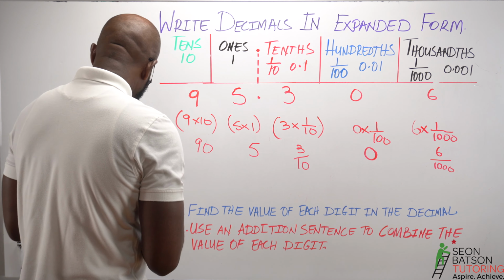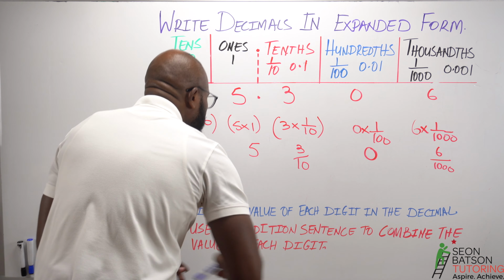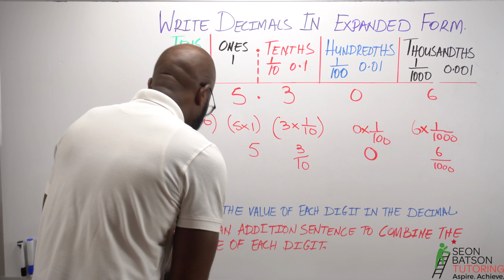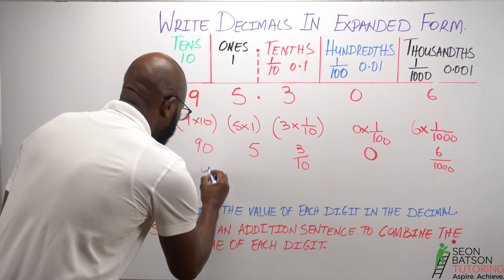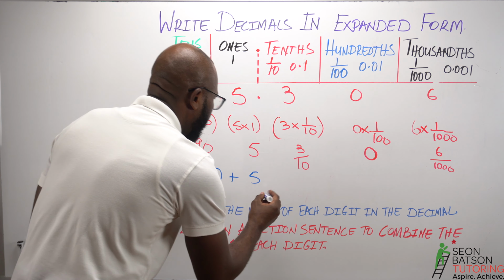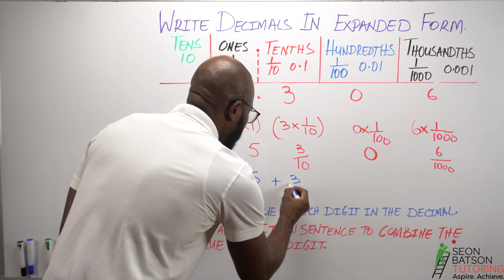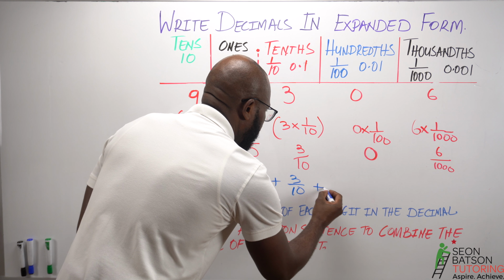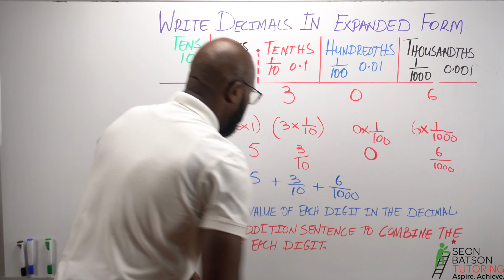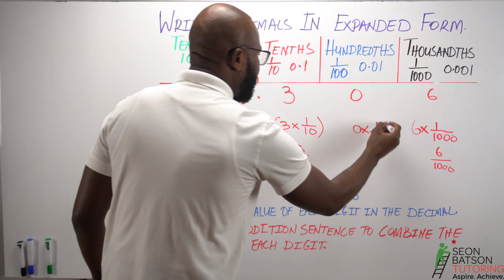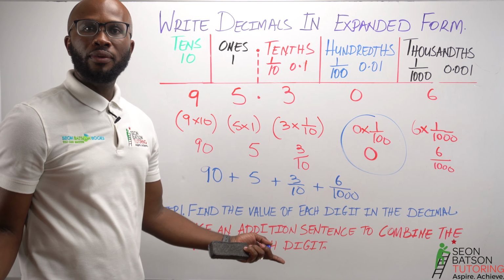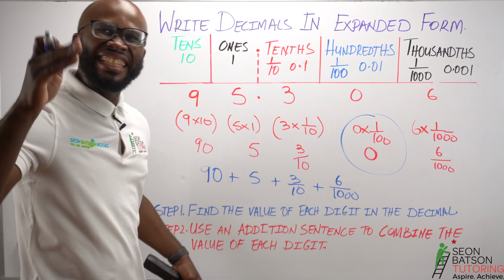So our expanded form now will really look like this. It will be 90 plus 5 plus 3 over 10 plus 6 over 1,000. Yes? We do not have to include the 0 in our expanded form because it has no value. How is that? Get the idea?